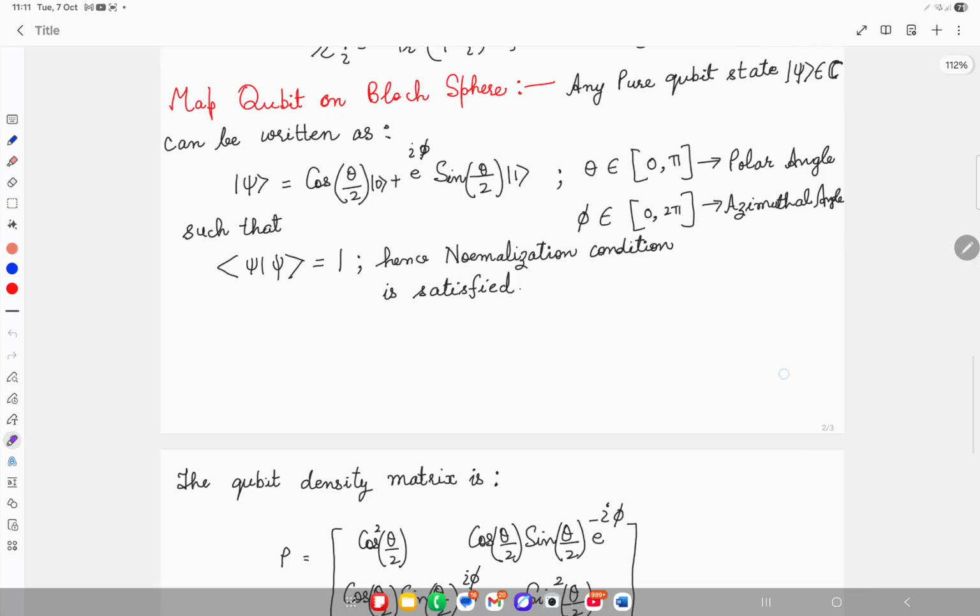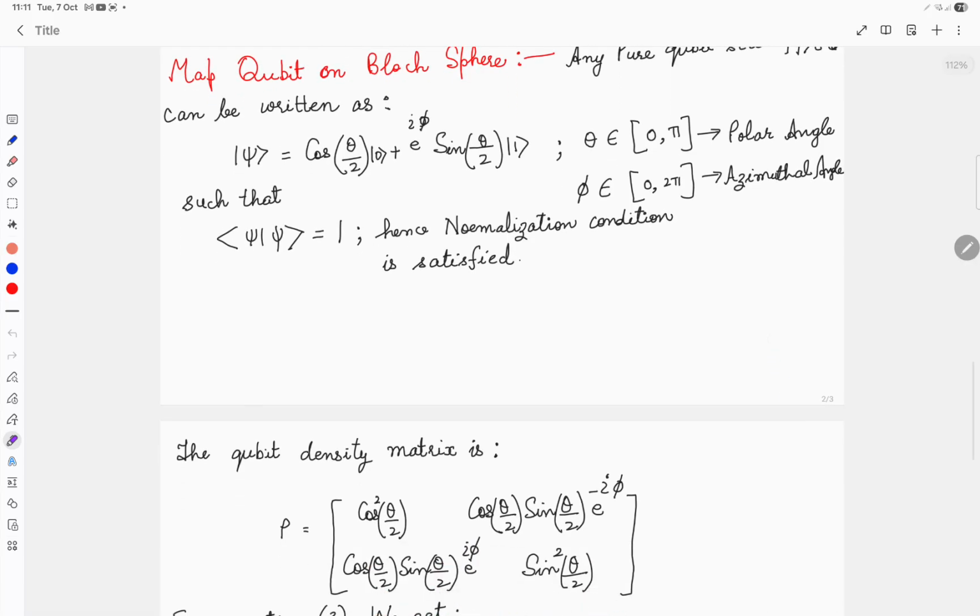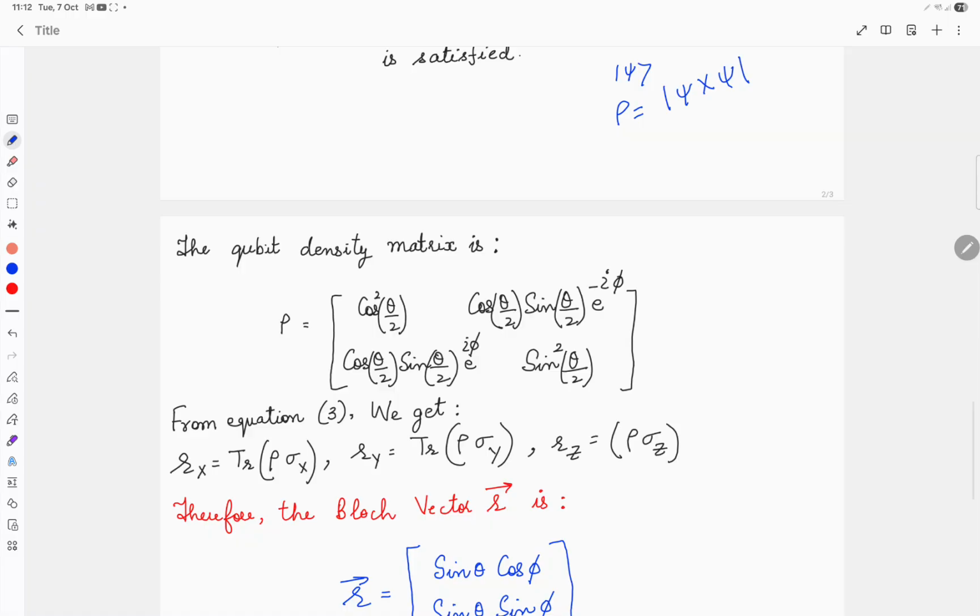Now we have defined ket psi, right? We know what rho is. Rho is the outer product of ket psi with itself. So we have the value of ket psi, and using this ket psi, we can find the density operator, and the density operator will come out to be this matrix.